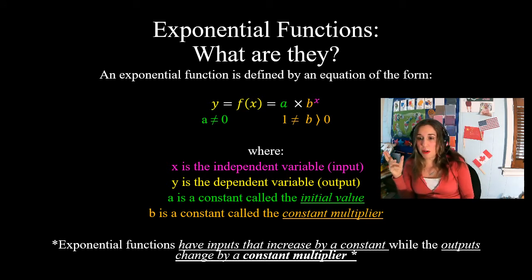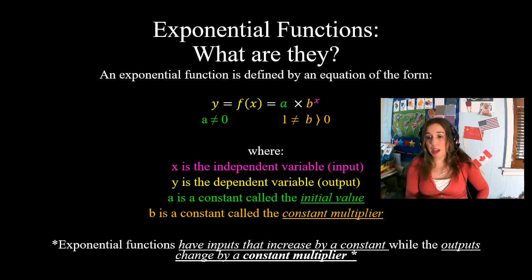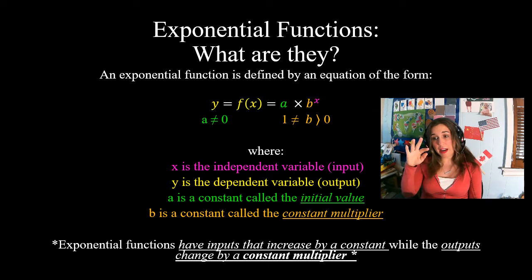Exponential functions have inputs that increase by a constant, while the output is changing by a constant multiplier. We talked about how that is a little different from a line, right? With a line, we had inputs increasing by a constant, while our outputs were either increasing or decreasing by a constant. As our input increased, we were either adding or subtracting some constant number to go from one output to the next, and we called that our slope and our rate of change.